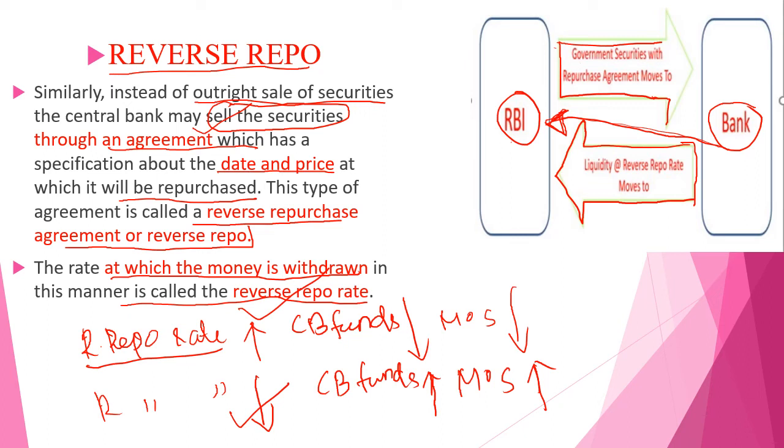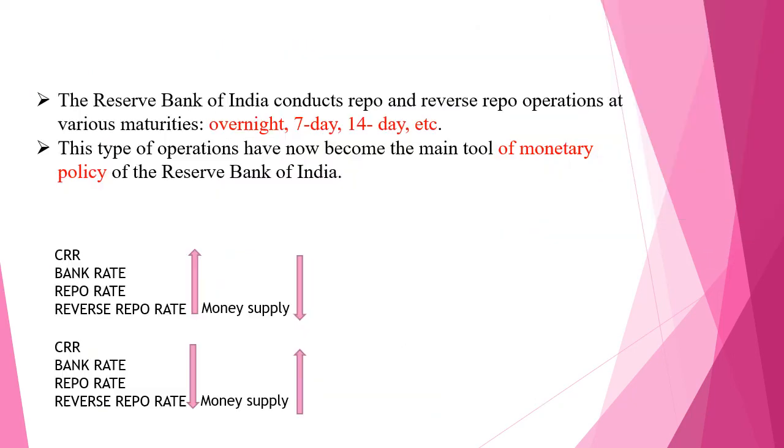That is why we say Reserve Bank of India sells government securities with a repurchase agreement. In a repurchase agreement, there is a specification of the date and price at which it will be repurchased. That is why this agreement is called reverse repurchase agreement, or reverse repo. Okay, I hope everyone has understood this concept.